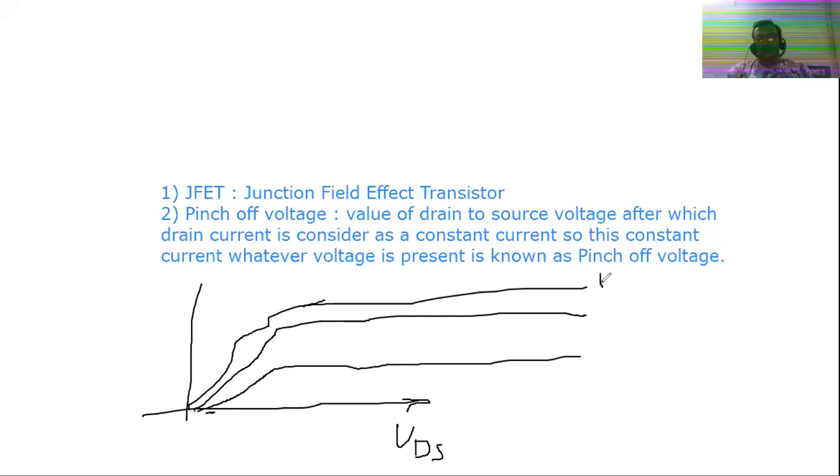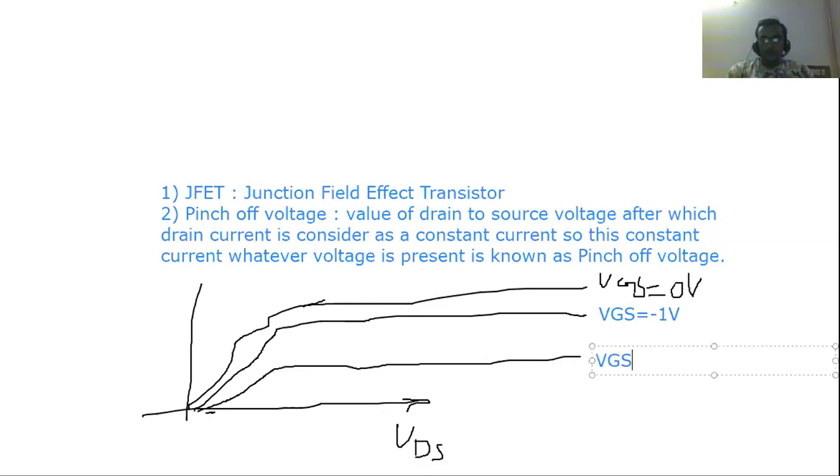See here, VGS equal to 0 volt. Here, VGS equal to minus 1 volt.